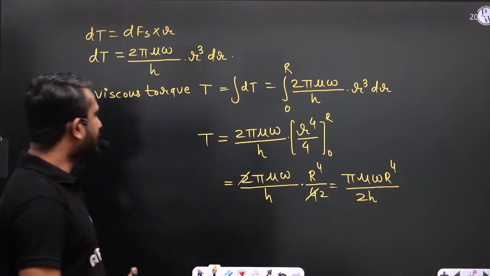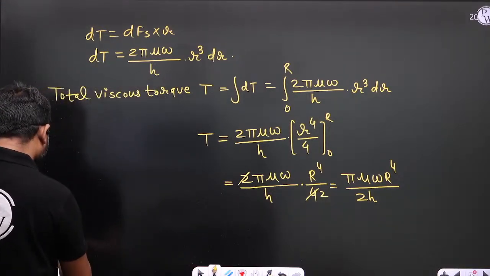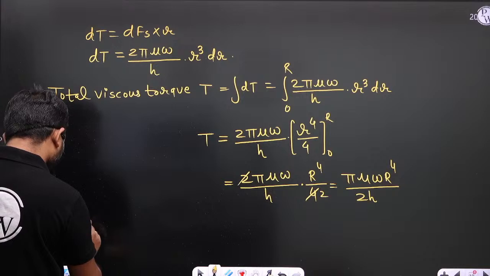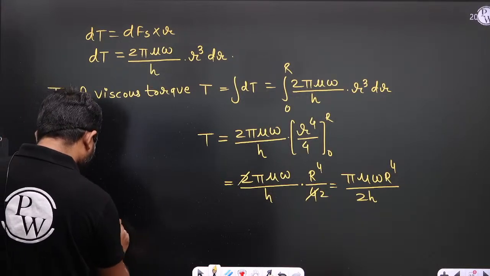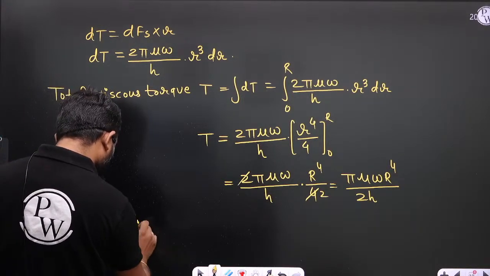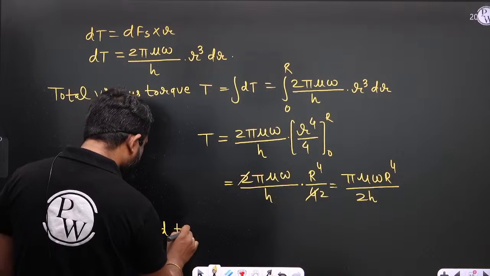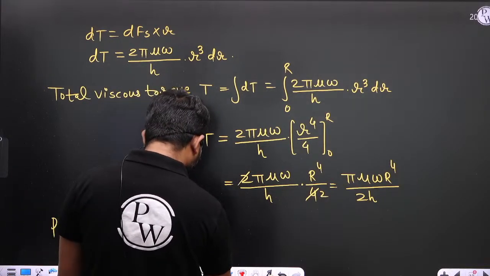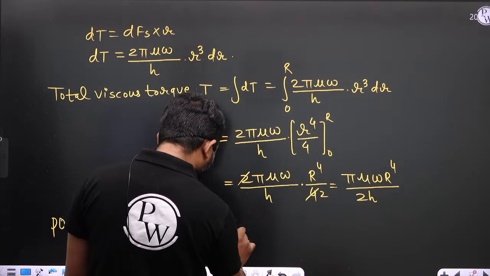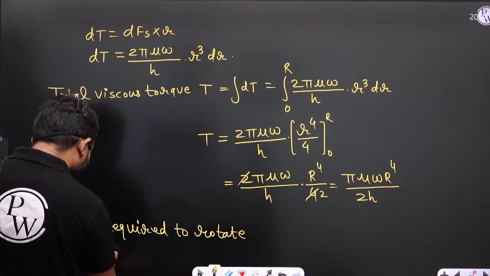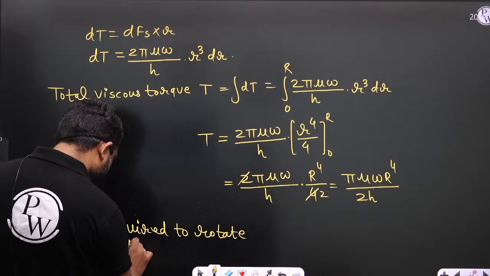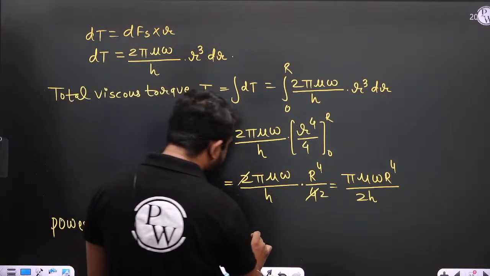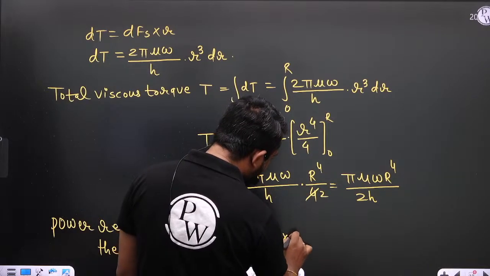And once you know the viscous torque, you can easily calculate the power. Power required to rotate the disc, in this case the disc is present, is T multiplied by omega.